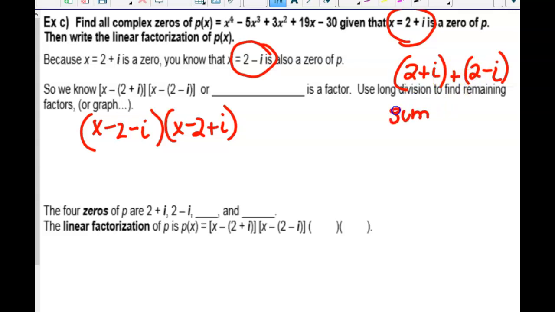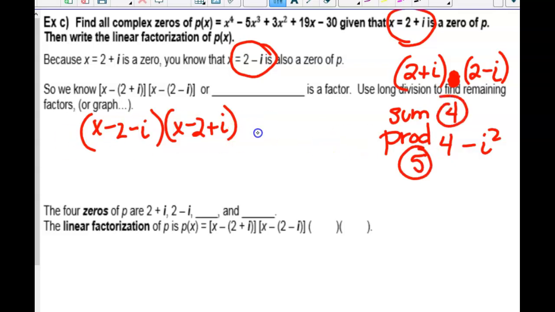So the sum is 4. The product, now if I do FOIL them together, I get 4 minus i squared, yes? Because the plus 2i and minus 2i cancel. And what is 4 minus i squared become? 5, because it's 4 minus negative 1, or 5.